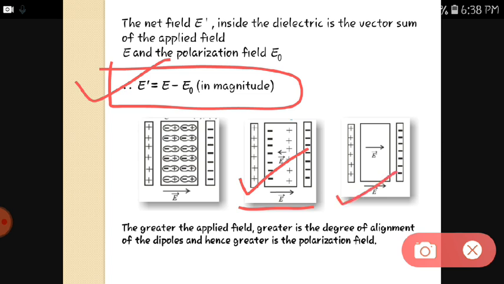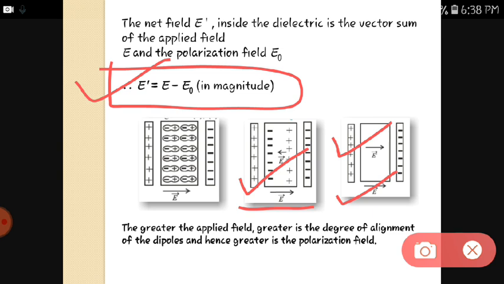After some time, the net field E dash is the vector sum of E and E0. Here is the answer to your question, which is how exactly it got polarized. So this is the example.